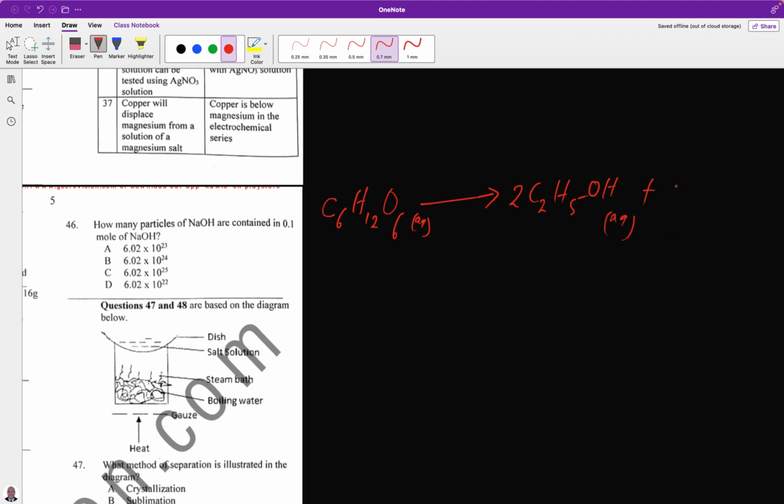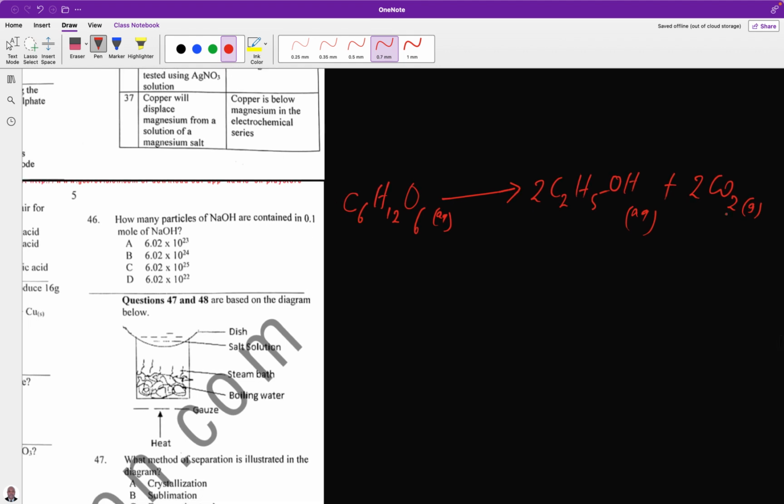So in that case, you can test it. The catalyst here is yeast. Palm wine has yeast in it that will accelerate the process of fermentation into alcohol.